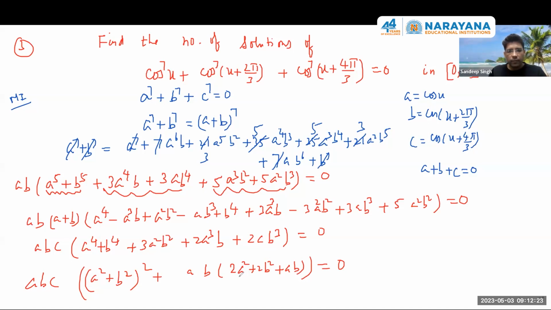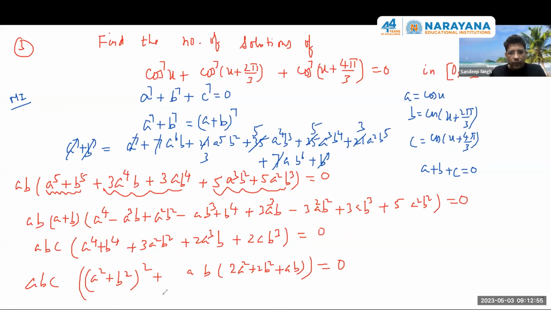Because this will be 0. This is a perfect square. You should take common in a way that this should never be 0. What should I take common? A cube. In place of this, AB is there. 2A cube. Because this is always positive. Ultimately, everything should turn out as positive.